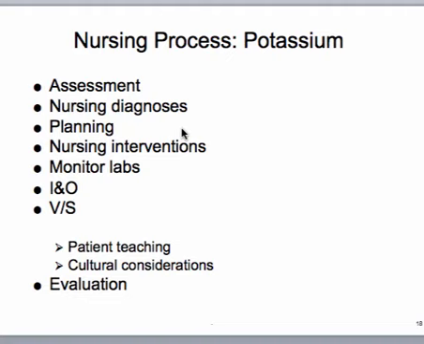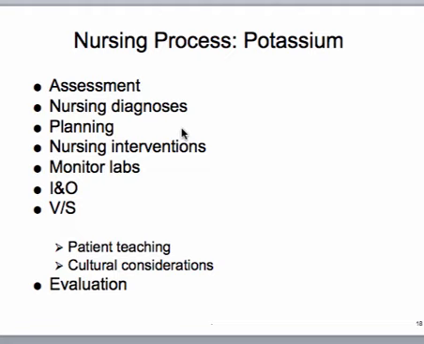Nursing process, as far as the potassium: we're going to think about the assessments that we talked about earlier, the lab assessments. We're going to think of diagnoses such as altered nutrition. We might think of patients who have high potassium, such as patients who are in renal failure in MedSurg 2. We're going to be talking about that a lot.